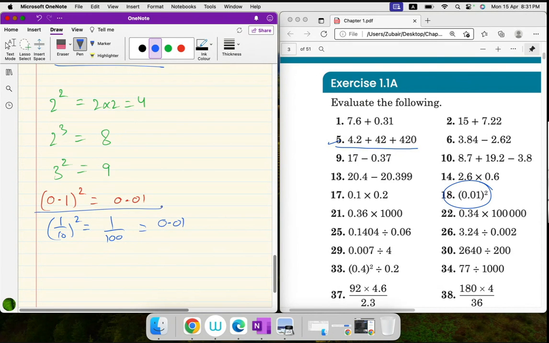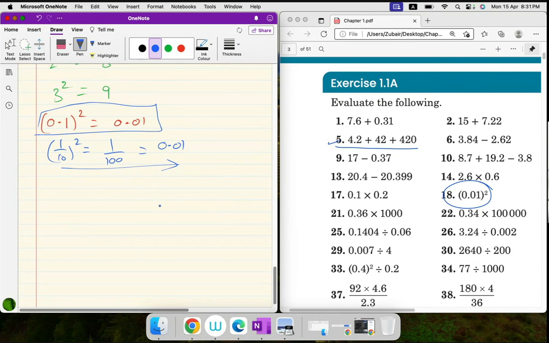Again, no compulsion if you write it directly or show all your workings in this way. So if I do 0.01 squared without writing, I am having in mind that there are two zeros in the denominator. Squaring them would give me four zeros in the denominator, and the answer is... Do you agree?